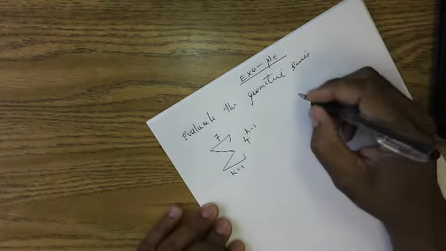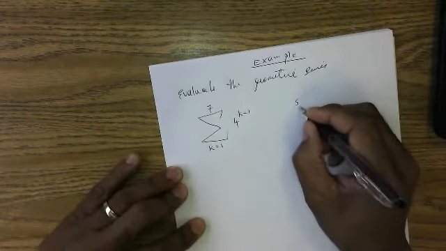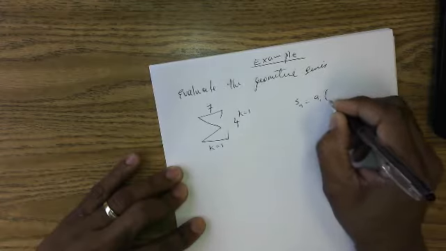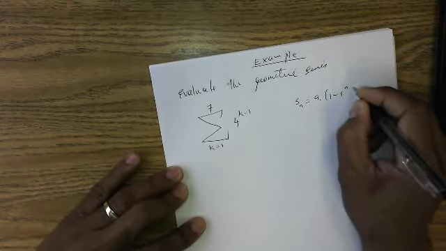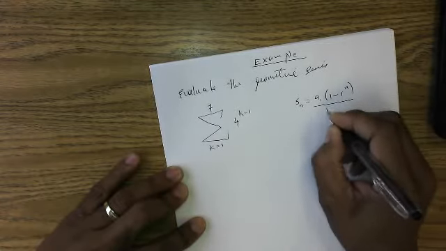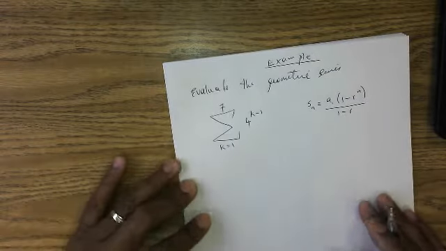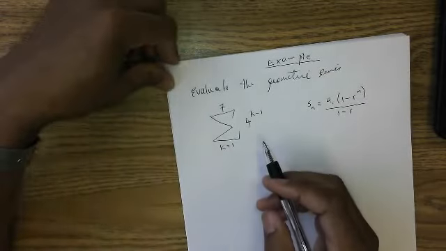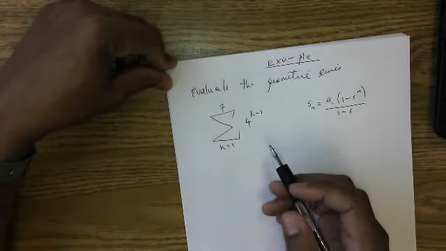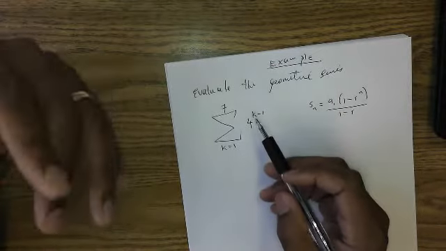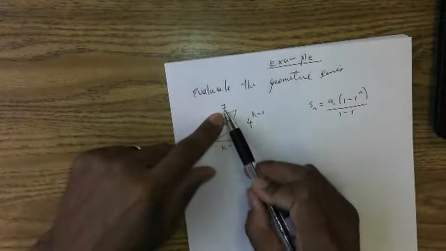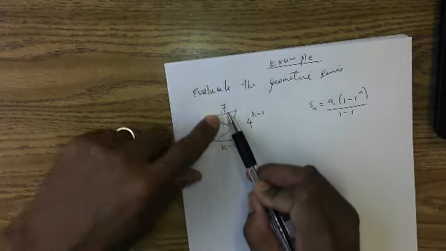Remember that the formula is S sub n equals a sub 1 times (1 minus r to the n) over 1 minus r. And remember from arithmetic sequences and series that the number up here tells how many terms.